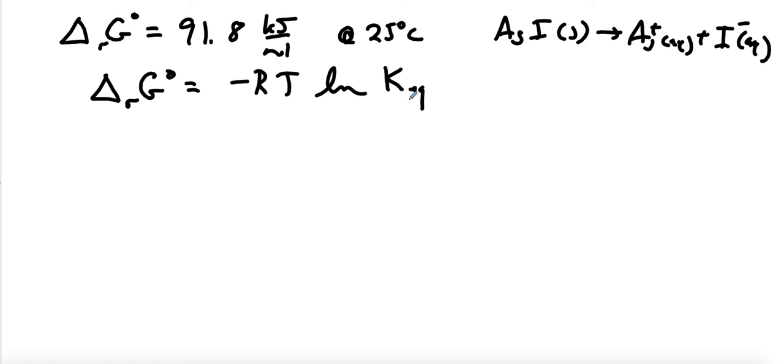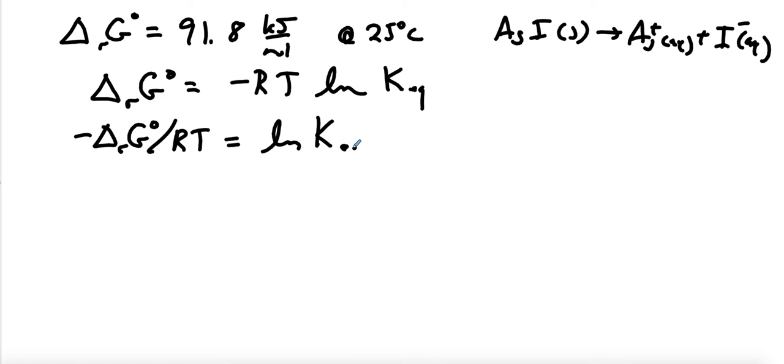First we'll divide both sides by RT. We want to be careful here and convert our kilojoules into joules, because our RT is going to be in joules. So divide both sides by negative RT. That'll give us the logarithm of K. Then we're going to take the inverse log, or the exponential function, of both sides.